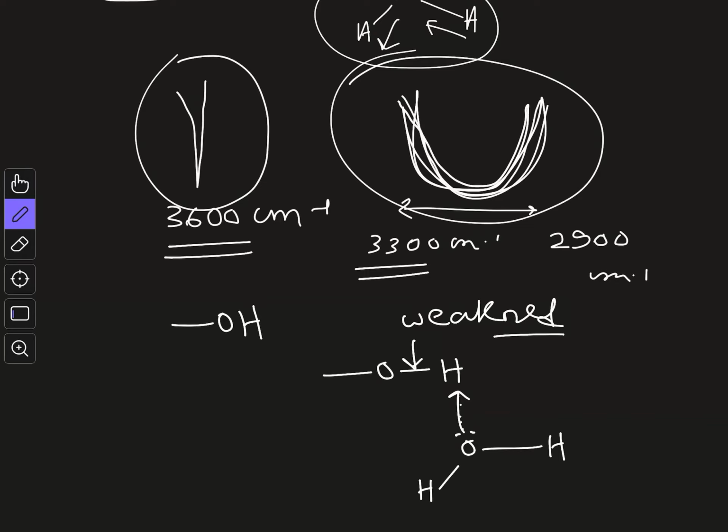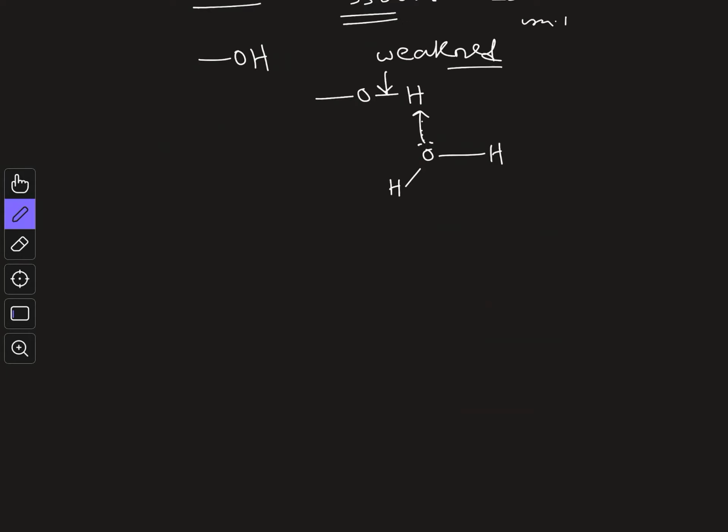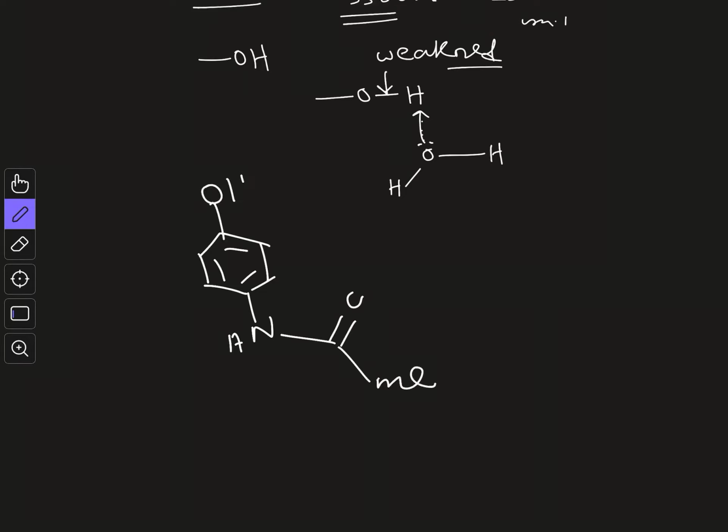So by looking at the peak, whether it is a sharp peak or a broad peak, we can say whether the molecule is involved in hydrogen bonding or not. One very interesting example we can show is the paracetamol molecule, which is para-acetyl aminophenol. You have this NH, this NHCOMe group, and here you have this OH.